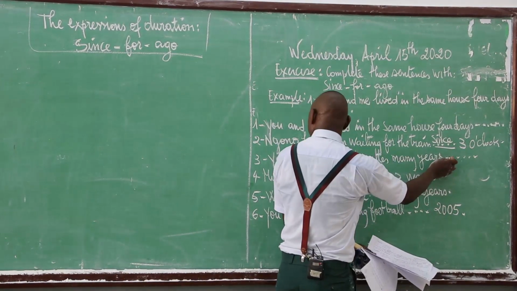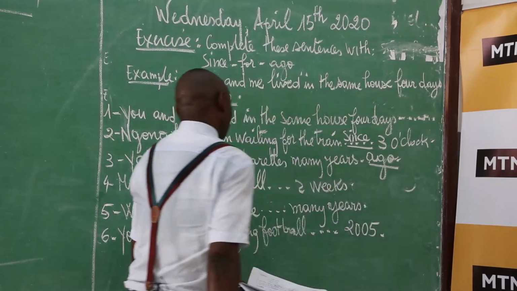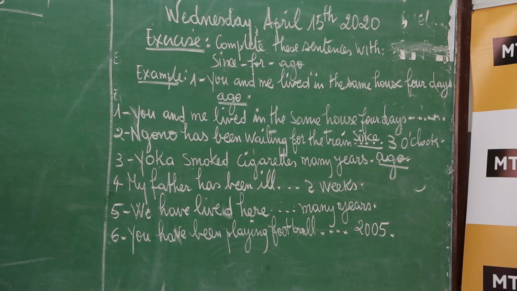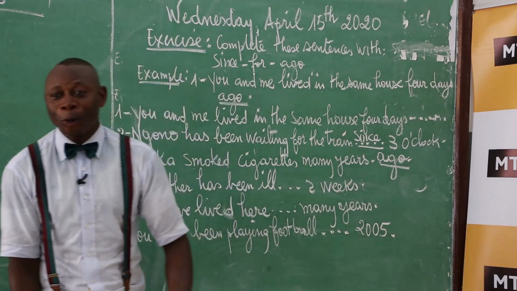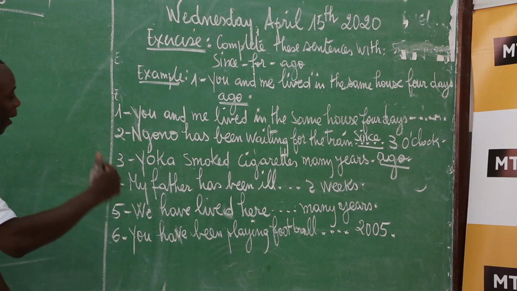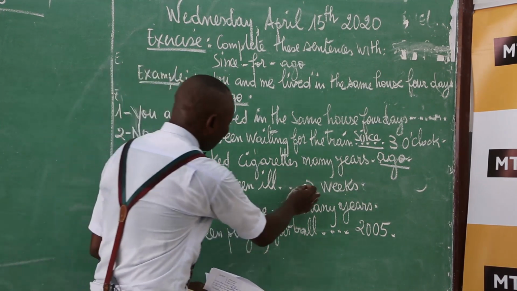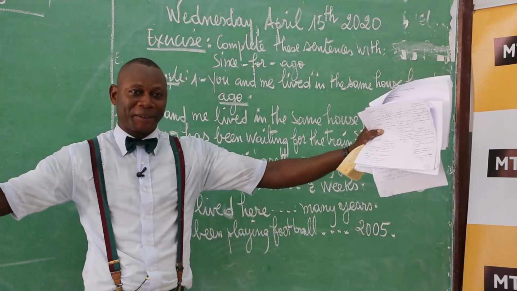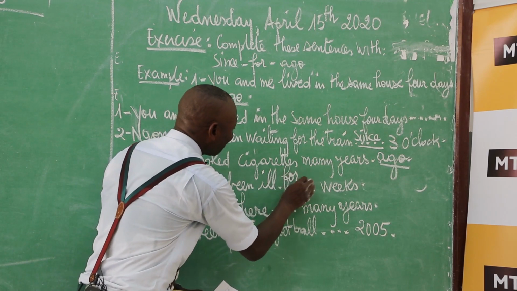The answer number 3 is ago. Right. Number 4. My father has been ill 2 weeks. What are we going to say here? My father has been ill for 2 weeks, because the duration is given in length, not the starting moment. Do you see? So we put here for. Very good.